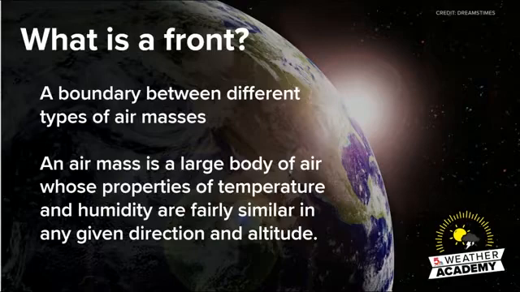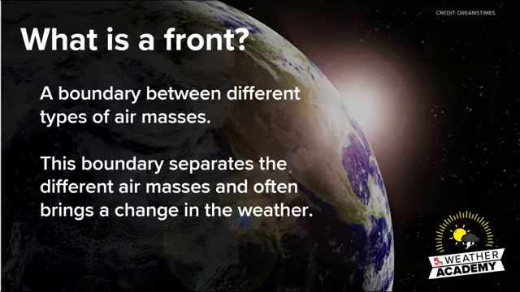Sometimes it's warm and humid, sometimes it's cold and dry. And that boundary between the two air masses is often what brings us a change in the weather. So that's what we're doing today. We're talking about the fronts.